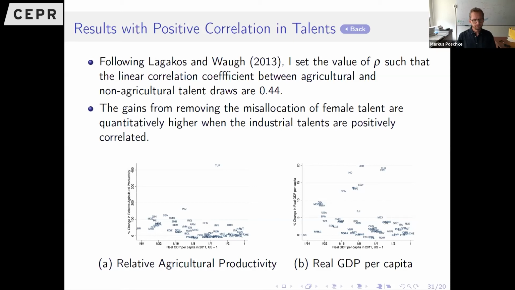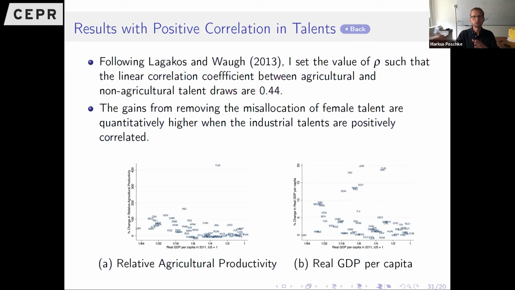Because in that case, you distort women into agriculture, and those are going to be the women who have the weakest comparative advantage in agriculture, right? But in this setting with a strong positive correlation in abilities, these women would actually be the best farmers. The reason that in a world without the distortion these women are not farming is that they would be the best farmers, but they're even better at the other activity.